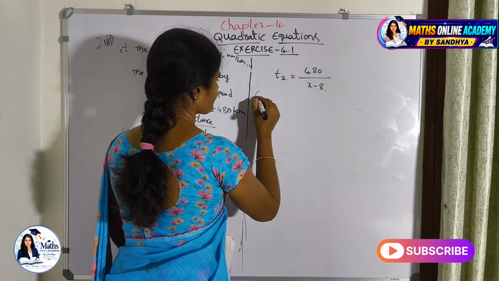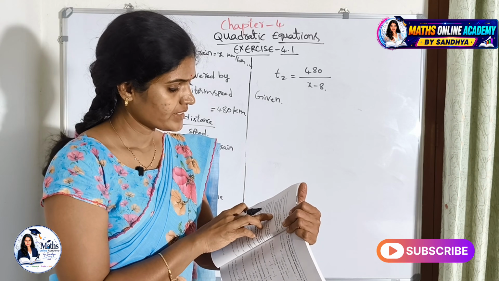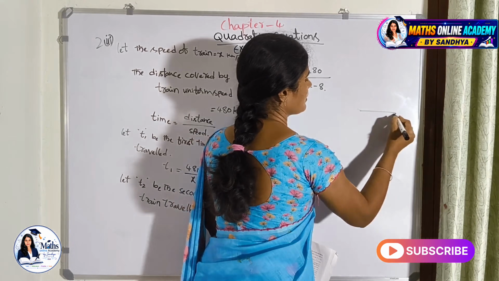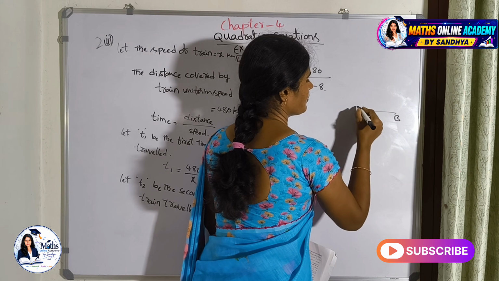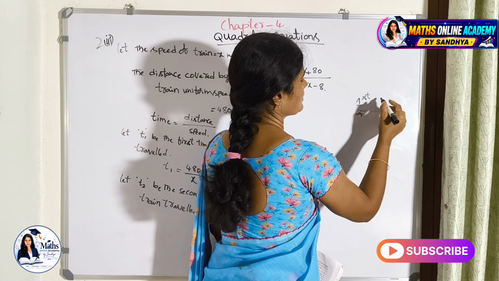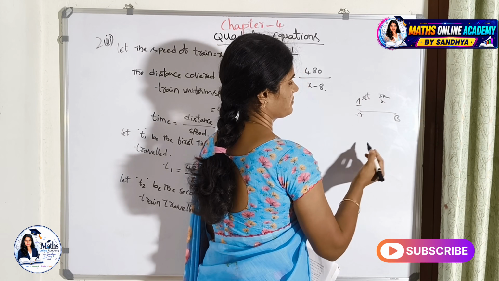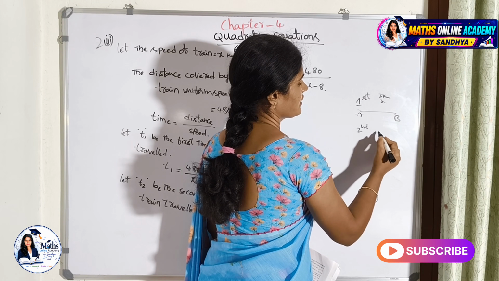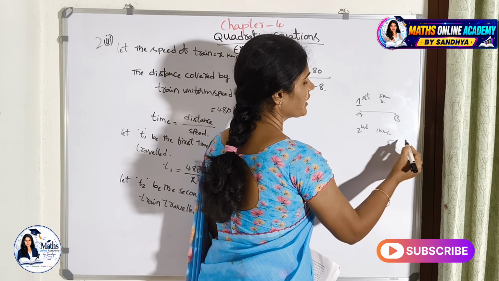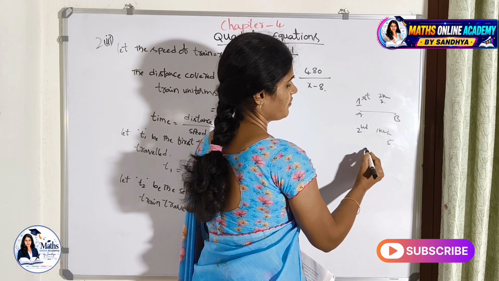And given the second time it has taken 3 hours more. For example, from A to B, the first person traveled the same distance with a speed of 3 km per hour, taking 3 hours. The second person, with a speed of 1 km per hour, takes 5 hours. So the time difference is 5 minus 3.